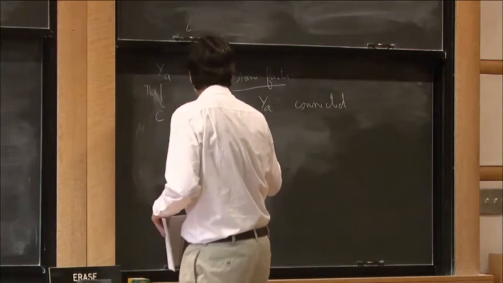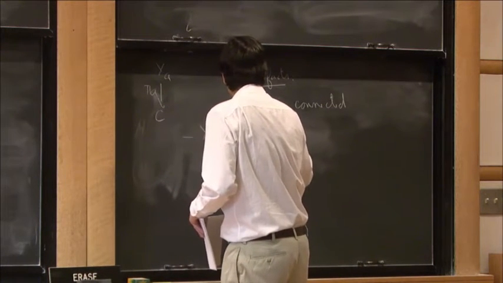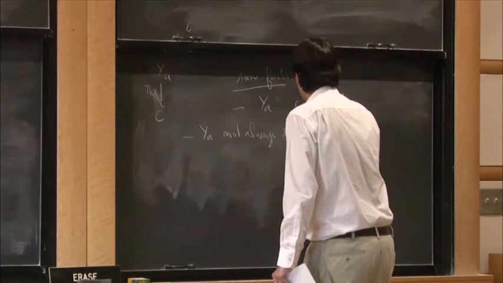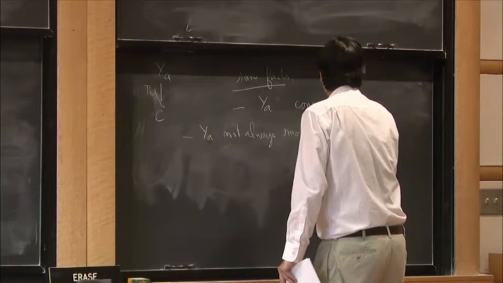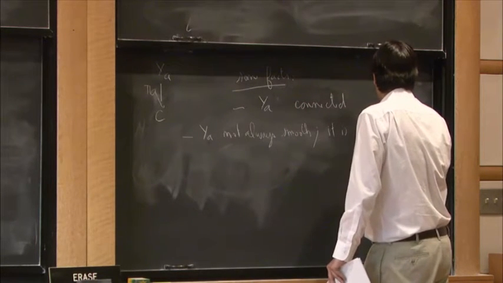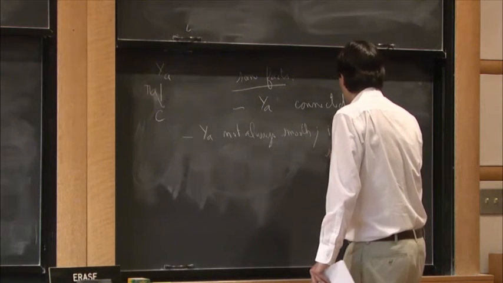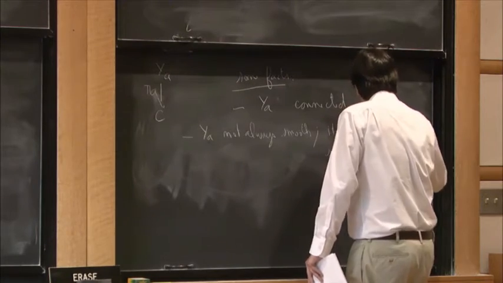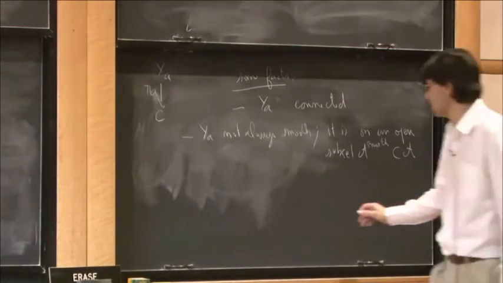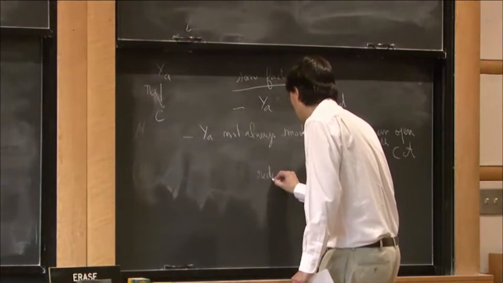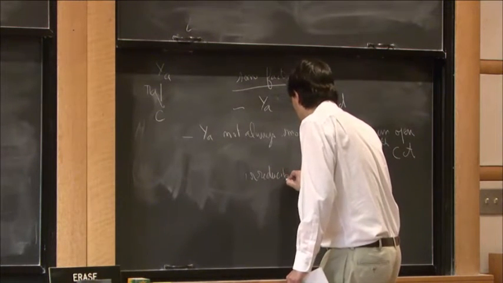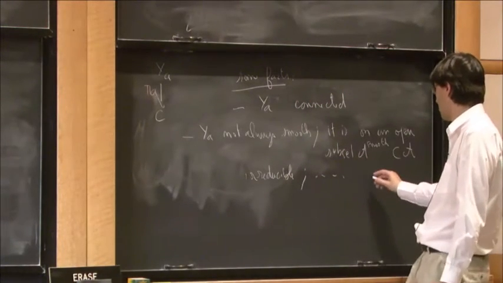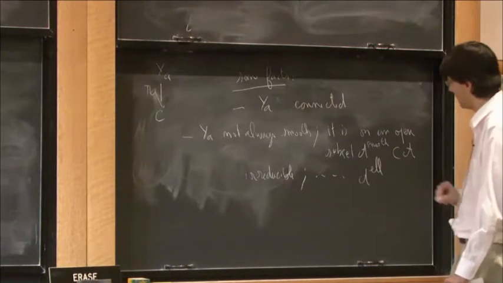So Y_A is not always smooth, but it is smooth on a dense open subset of A. It is not always irreducible, sorry, but it is on a dense open subset called A elliptic.